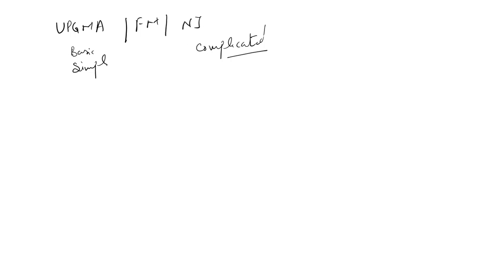When I solve this numerical, you will understand why it is a little bit difficult, because you have to do lots of iterations and lots of calculation. Fitch-Margoliash is the advanced method of UPGMA, and neighbor joining is the advanced version of Fitch-Margoliash. Okay, so I hope you get a little idea about what the neighbor joining method is.